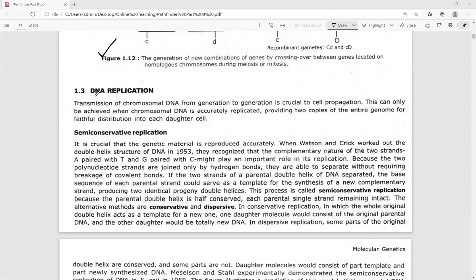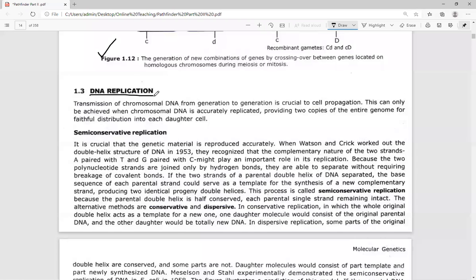So DNA replication. What do you mean by the process of DNA replication? DNA replication refers to the process involved in the replication of the genomic DNA sequences. Transmission of the chromosomal DNA from one generation to another is a very important phenomenon, because without the transfer of genetic material, the cells cannot replicate.